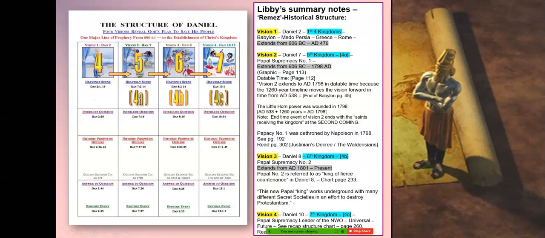In Vision 2, the 5th kingdom, designated as 4A, is papal supremacy number 1. Is that the best way to describe that, Charlene?